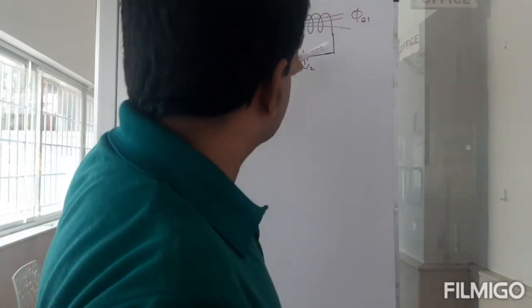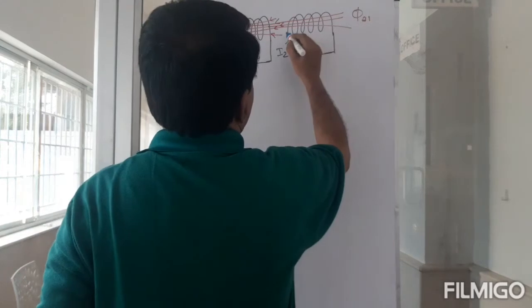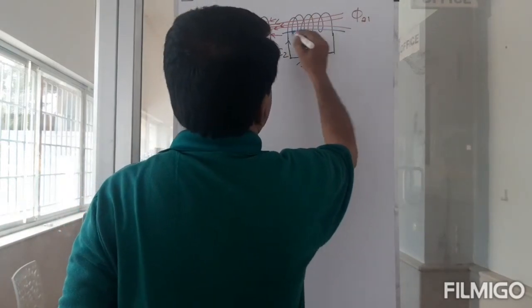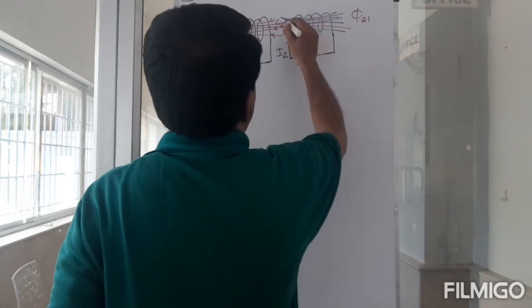And this produces its own field. Because this is I2, it is going to produce its own field, like that and like that.